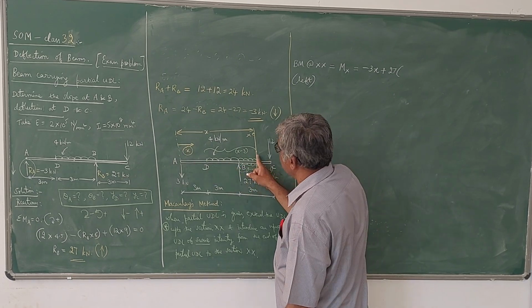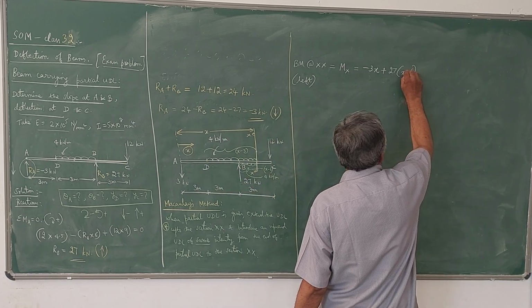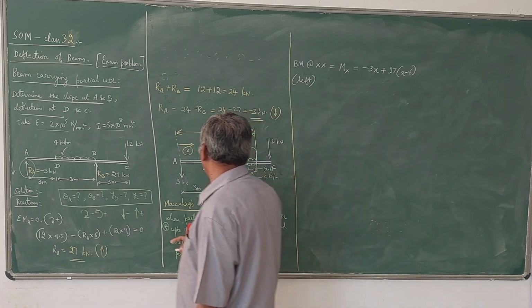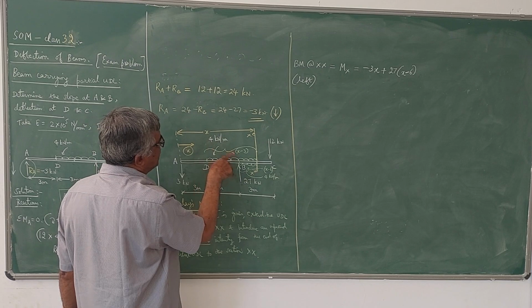So the total is x, from that you deduct 6. So 27 into x minus 6 is the bending moment due to this reaction 27 kN. Then the downward UDL is 4 into x minus 3.